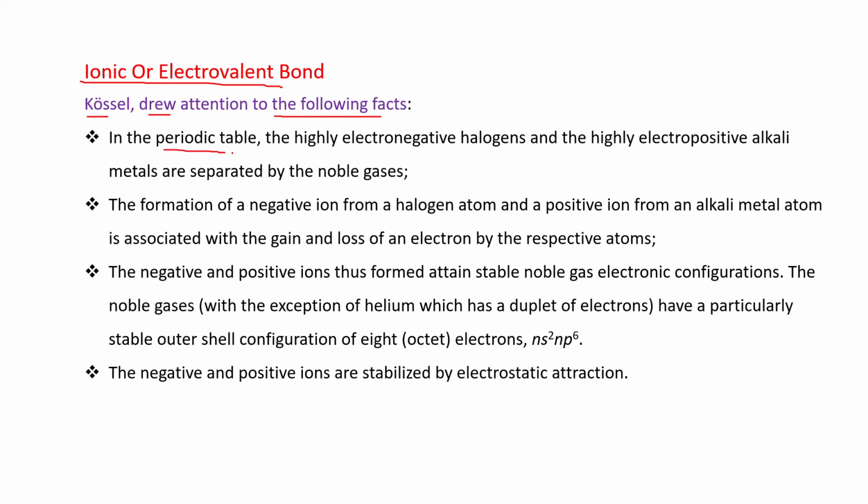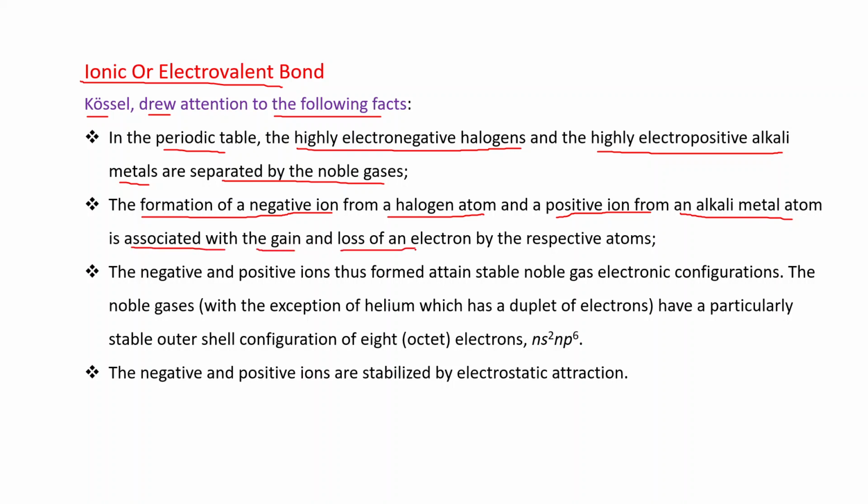In the periodic table, the highly electronegative halogens and the highly electropositive alkali metals are separated by the noble gases. The formation of a negative ion from a halogen atom and a positive ion from an alkali metal atom is associated with the gain and loss of an electron by the respective atoms.